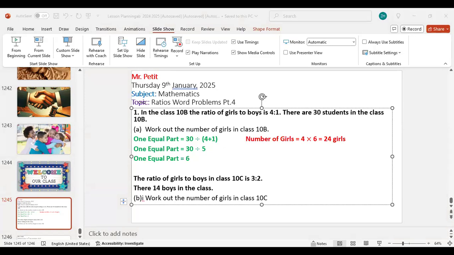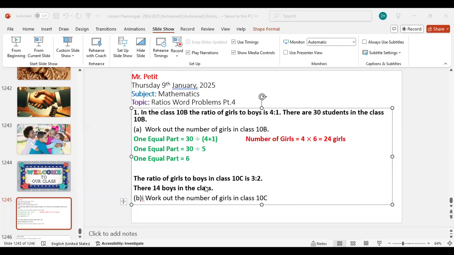That's how we got 6. Then we multiply by the ratio number for the girls, which is 4, by 6, and got 24. Very good. Why do we use 4? Because that's the ratio number of girls. Very good.